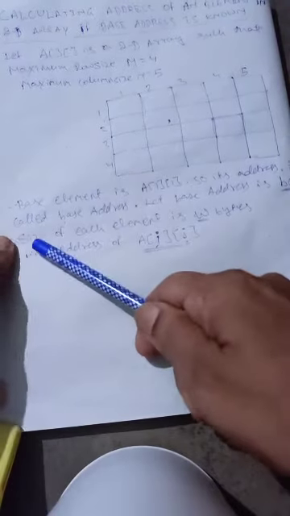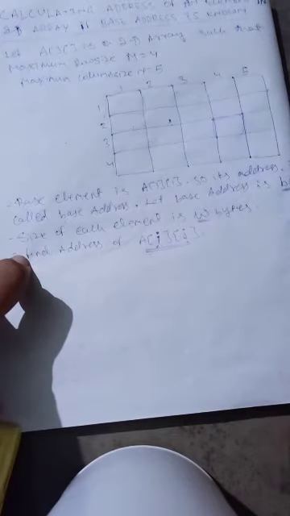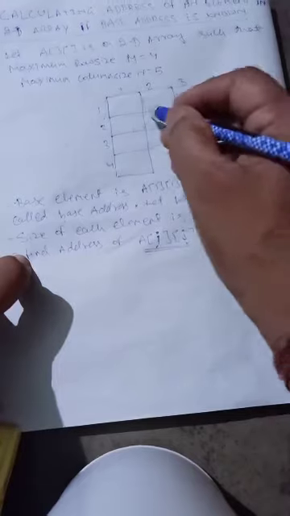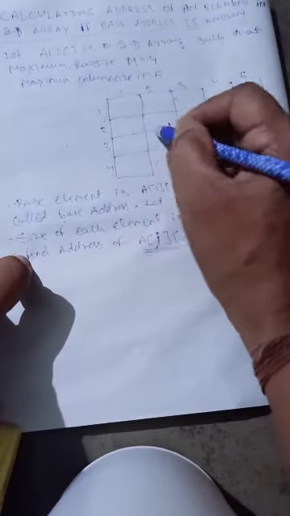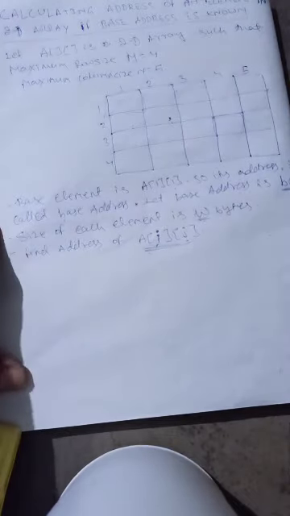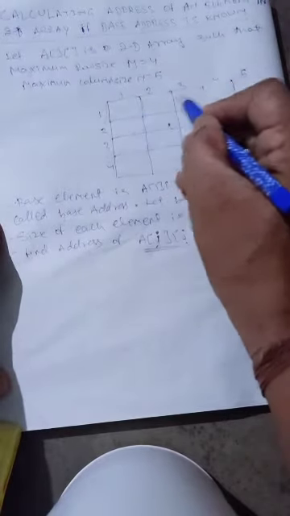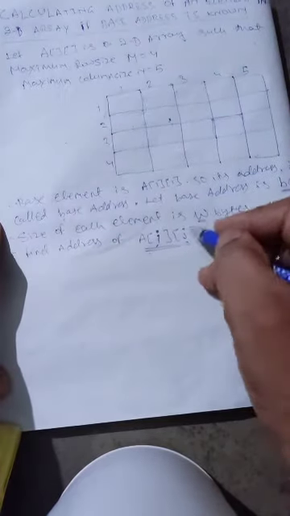Let us assume that the size of each element is w bytes. We don't know the value of w, because the size of a single location can be identified from its data type. If it is an integer array, then the size of each word will be 2 bytes. If it is a floating point array, the size of each word will be 4 bytes. So w will vary depending upon the data type.